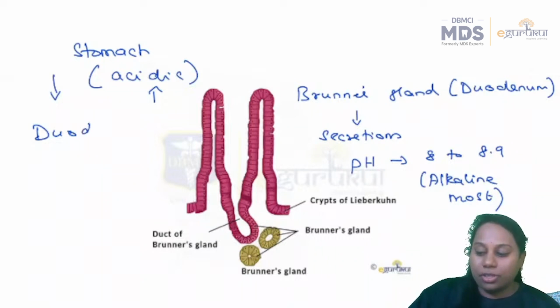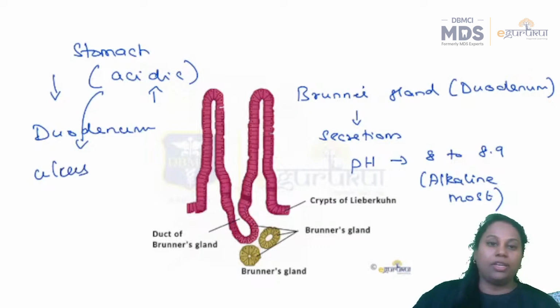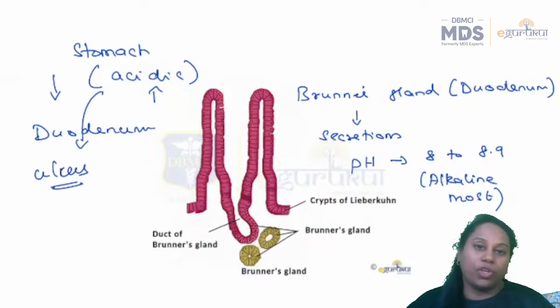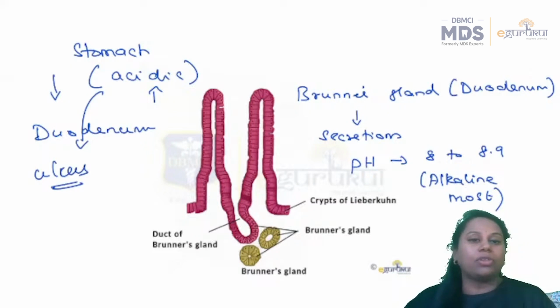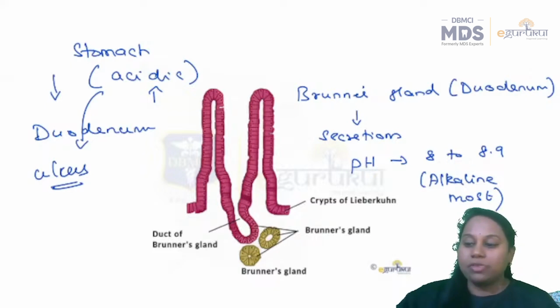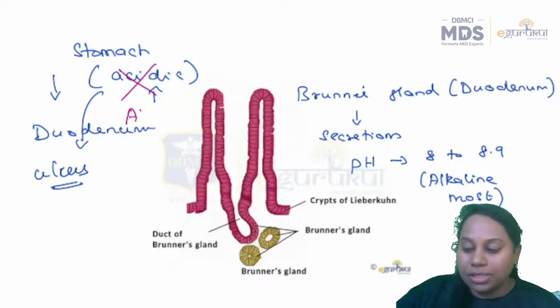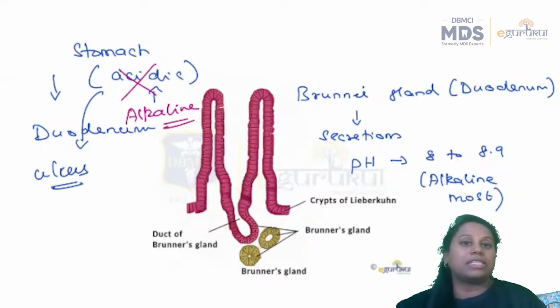When they reach the duodenum, they can cause severe ulcers in the duodenum, peptic ulcers of the duodenum. This acid can erode the duodenum, and that is why, to neutralize this acid, the duodenum produces highly alkaline secretions, the Brunner's gland secretion.